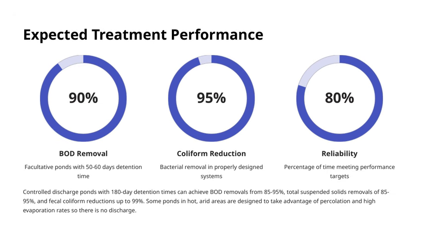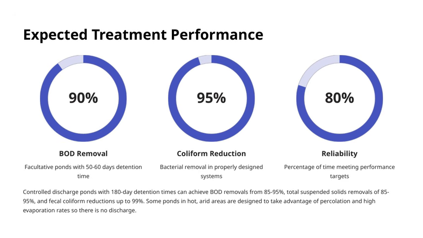Next, regarding coliform reduction, properly designed systems can reduce bacteria levels by about 95%. This is important for ensuring the safety of water for reuse or discharge, as it significantly lowers the presence of harmful bacteria. In terms of reliability, these ponds can meet performance targets around 80% of the time. This indicates a solid, dependable system when properly maintained and operated.